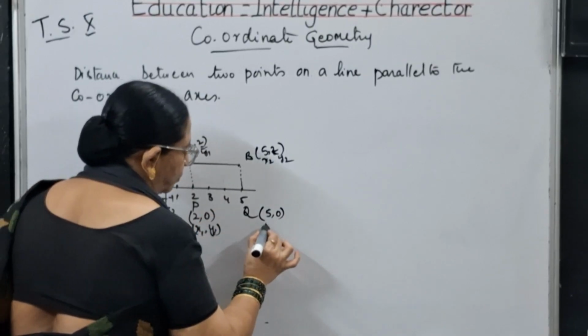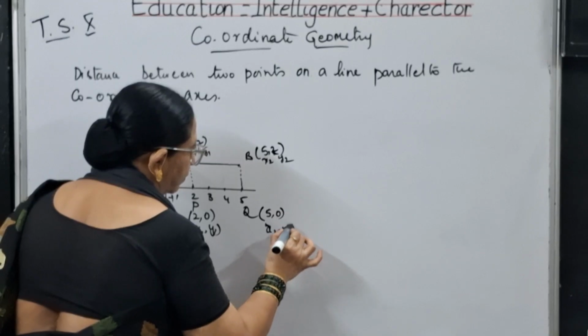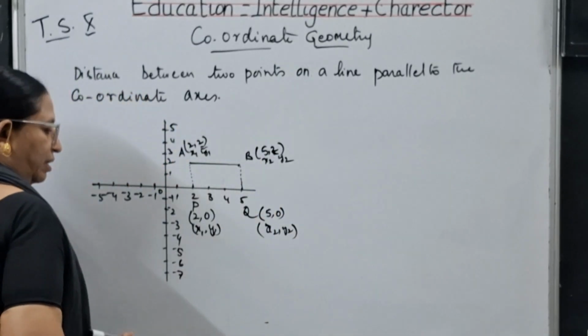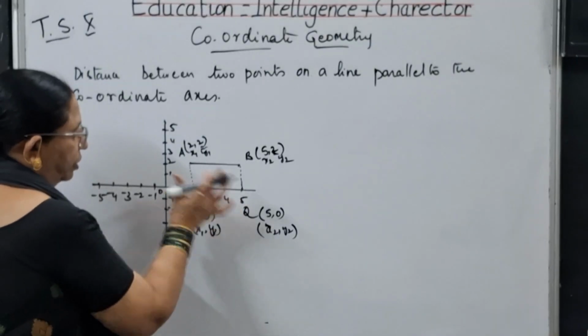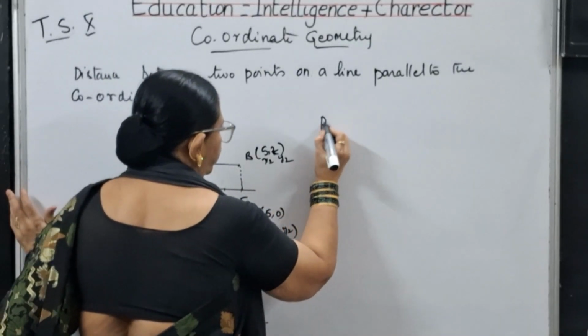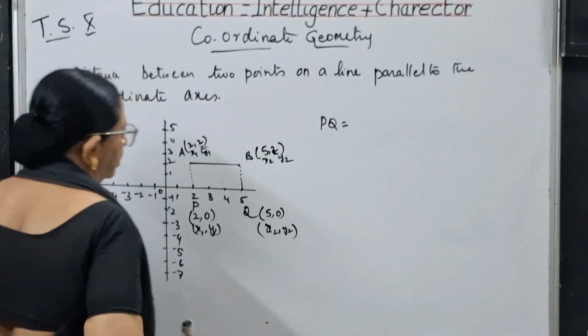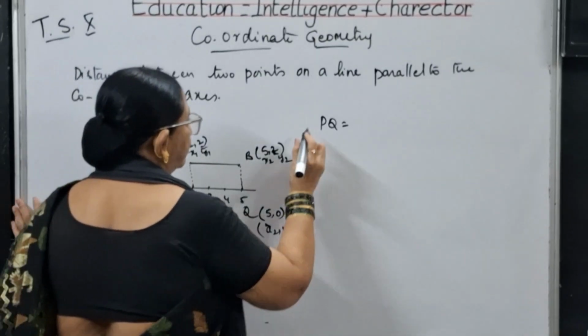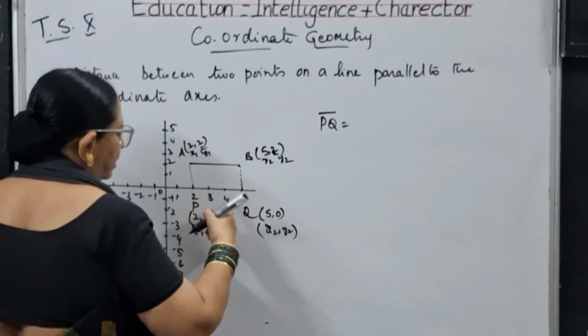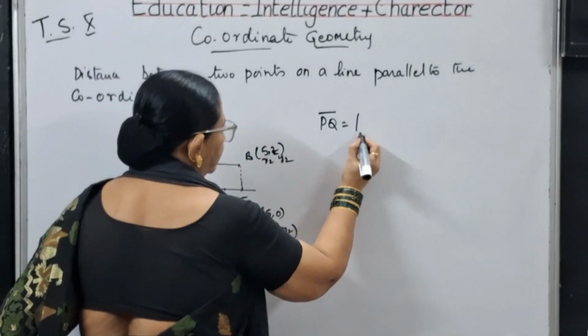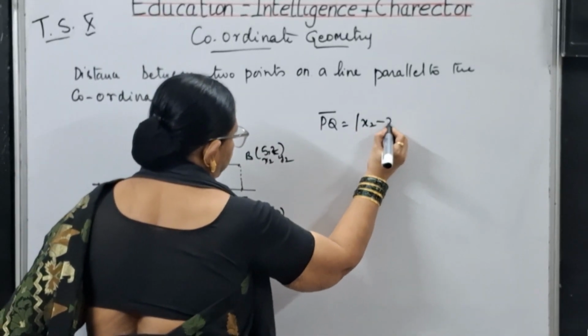Suppose you have learned a formula, children, for points on x-axis. So what is PQ? PQ distance, I'll say line segment PQ, its length is nothing but modulus x2 minus x1.